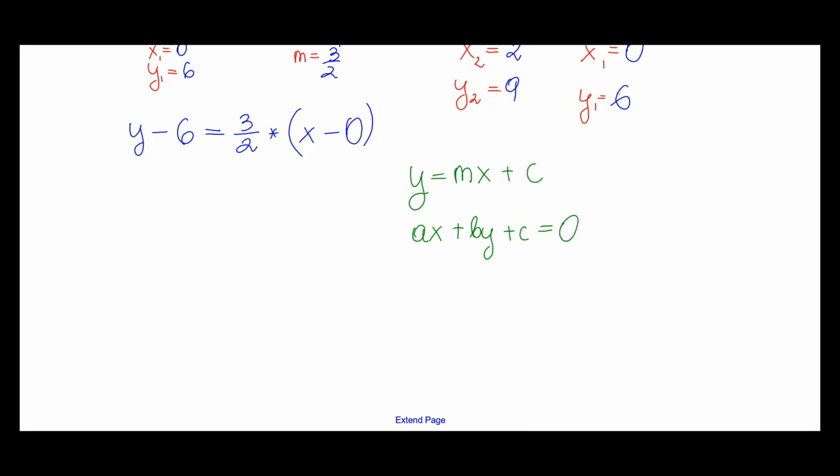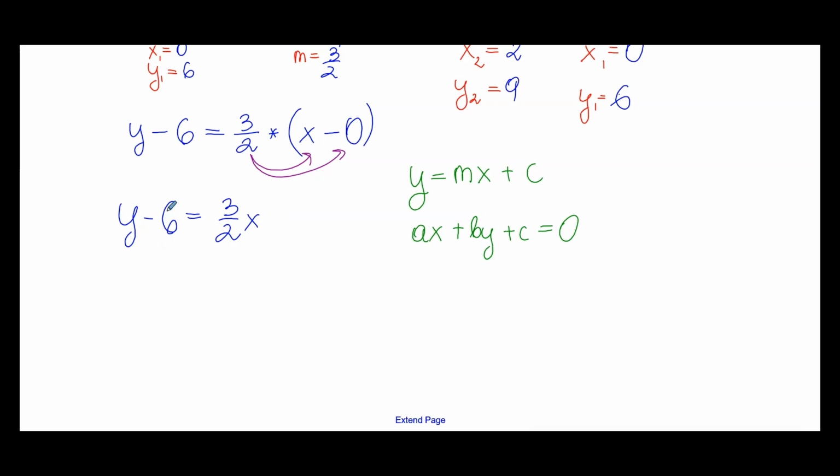It's up to you how you want to go about that. Now, one thing, no bracket. Here we can say we're going to do the multiplication of the bracket first: y minus 6, 3/2 multiplied by x is just 3/2 x, and 3/2 multiplied by 0 will be 0, so it doesn't matter.